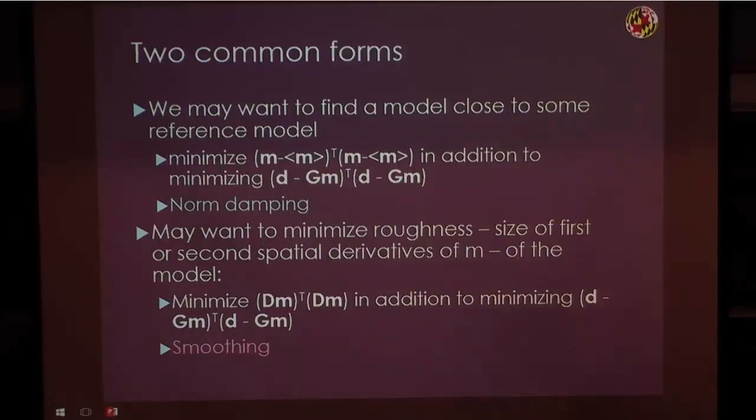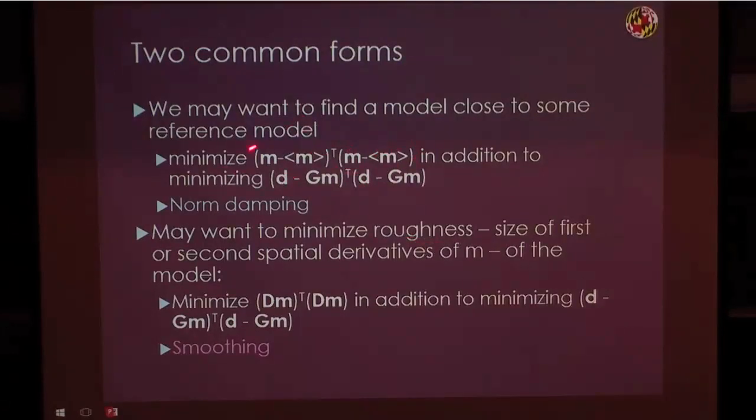And there are two common sets of new equations that you do. Sometimes we add equations that essentially tell the inversion that it wants to find a model that's close to some reference model. In other words, it wants the deviation of the model parameters from some values that you came to believe through some process, either through the process of learning or guessing.